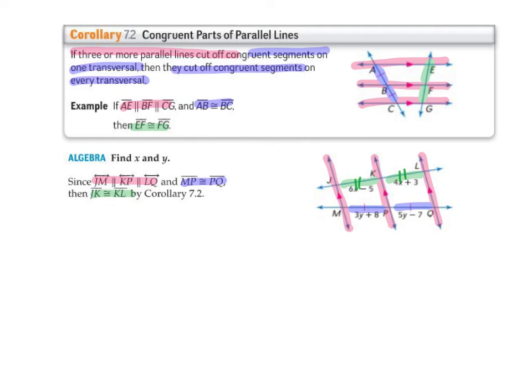So what does it mean that these parts are congruent? Well, congruent means they are equal. Okay, so all you have to do here is take your congruent segments and set up your equation. If MP is congruent to PQ, then you can say that 3y plus 8 equals 5y minus 7.